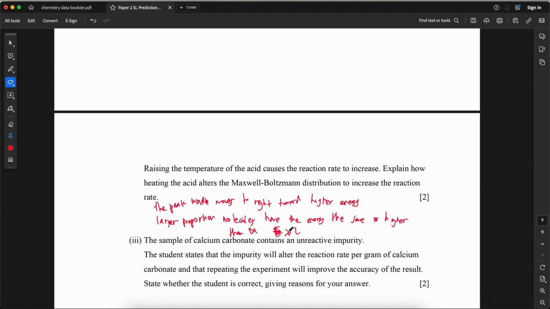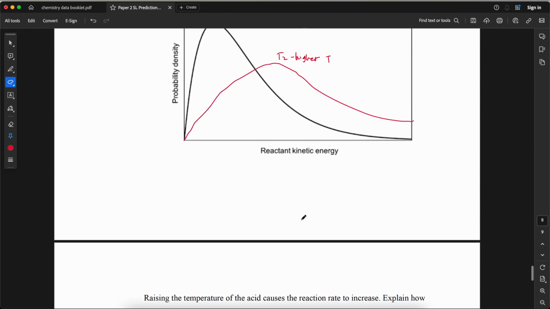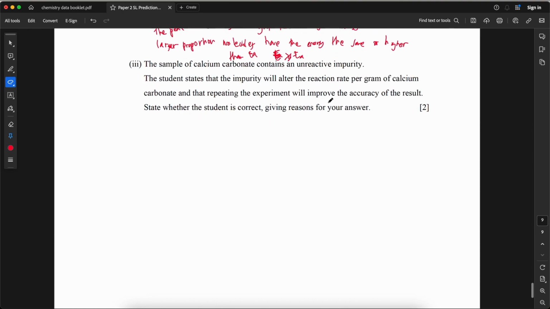As you can see here, a larger proportion of molecules have the higher energy, and it is slightly moved to the right for the higher temperature. The peak is a bit lower because now we have more proportion of the reactant that has higher kinetic energy.